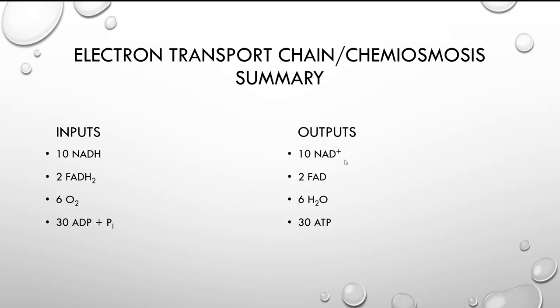We had those 2 FADH2 from the citric acid cycle that were stripped of their electrons to form 2 FAD. We had 6 oxygens that were brought in, originally from breathing in through the lungs. They were the final electron acceptors to form water. And then we had about 30 ADP plus phosphates to form about 30 ATP.